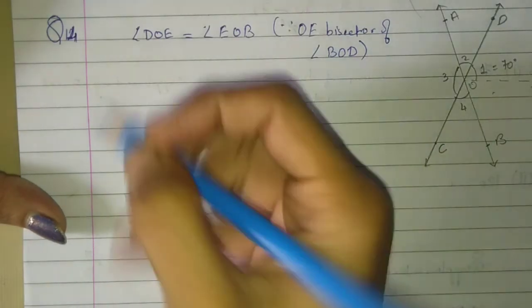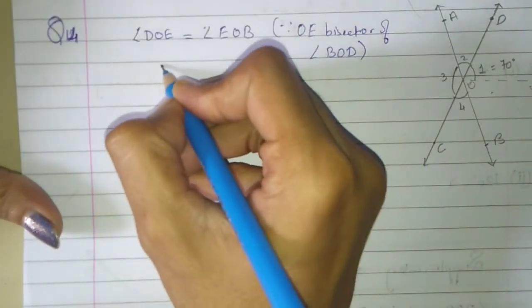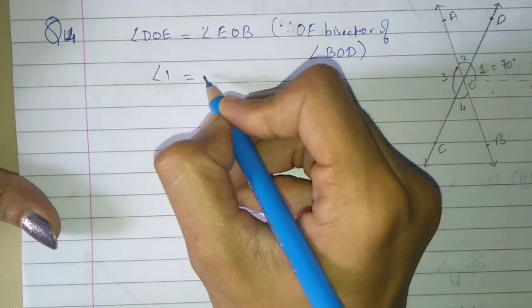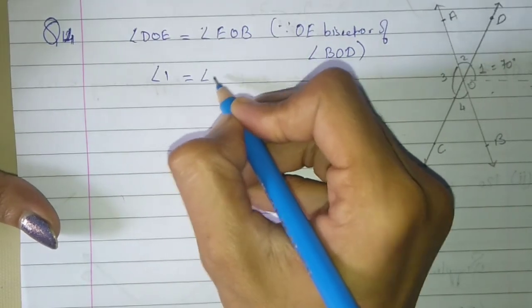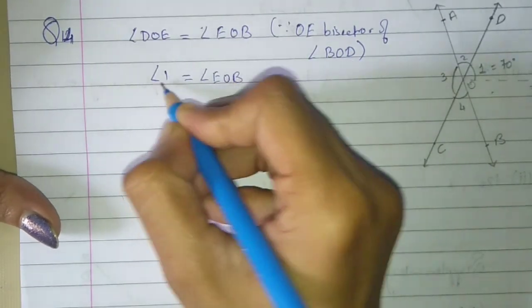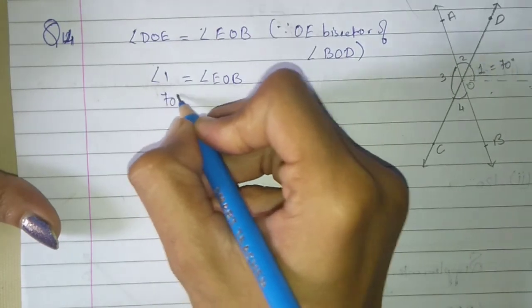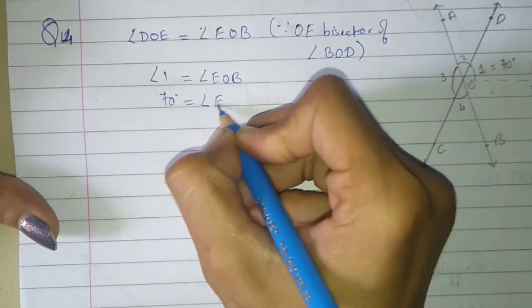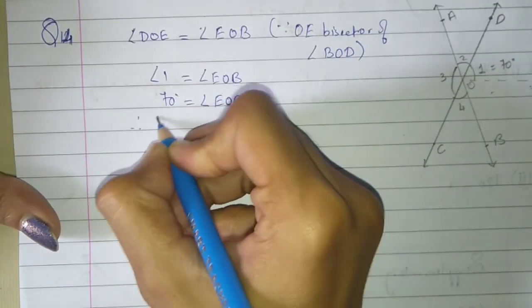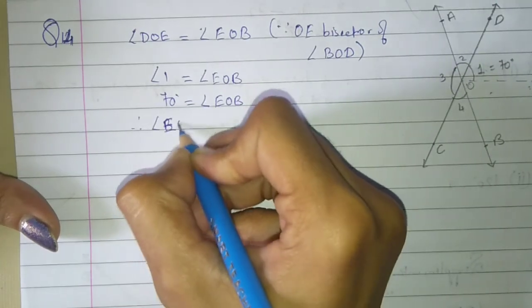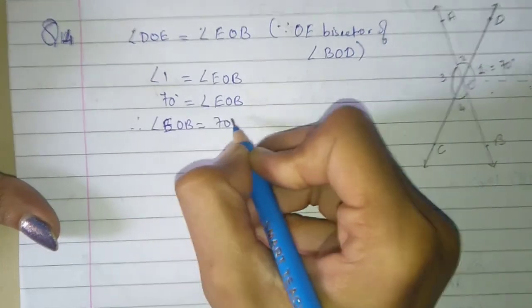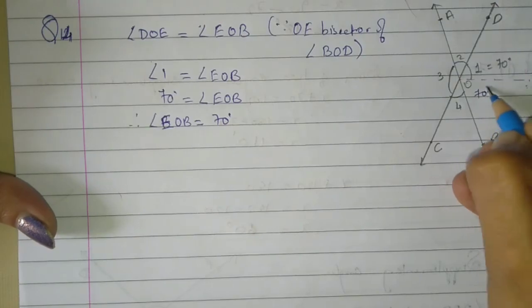Angle DOE is angle 1, which is equal to angle EOB, and angle 1 is 70 degrees, therefore angle EOB equals 70 degrees. Now this angle is 70 degrees.